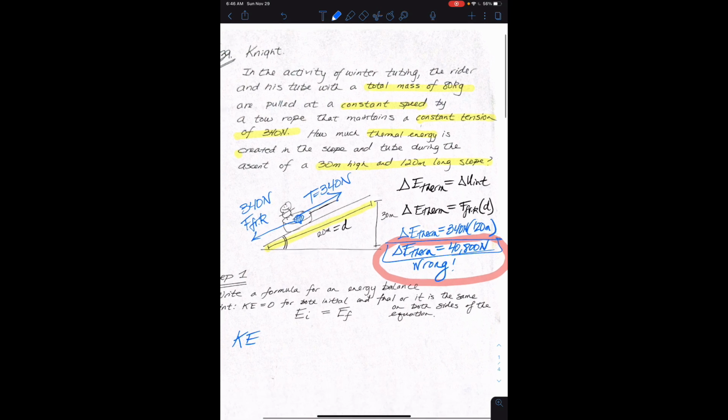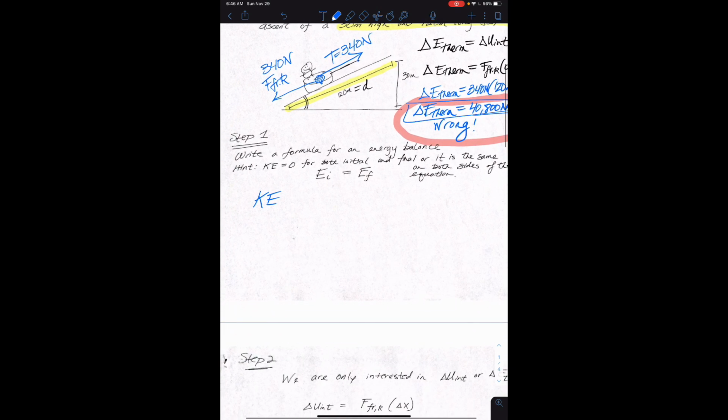And since it's pulled at a constant speed, KE initial is going to equal KE final. So I'm going to write KE initial here and KE final here, knowing full well that they are the same.